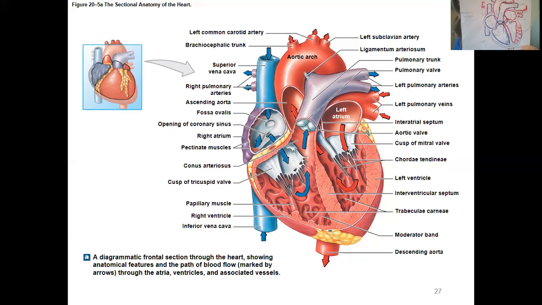The squiggly lines are representing coronary circulation. If you look at the squiggly lines off to the side, over here it says LCA, and then off to this side over here, it says RCA. So the LCA and the RCA stand for left coronary artery and right coronary artery.